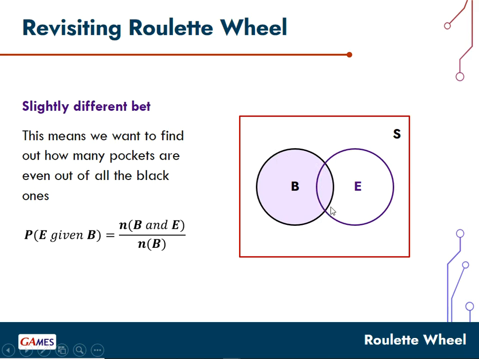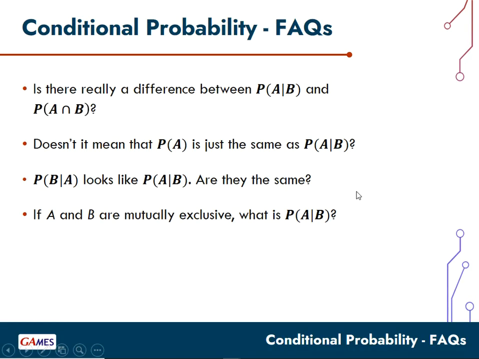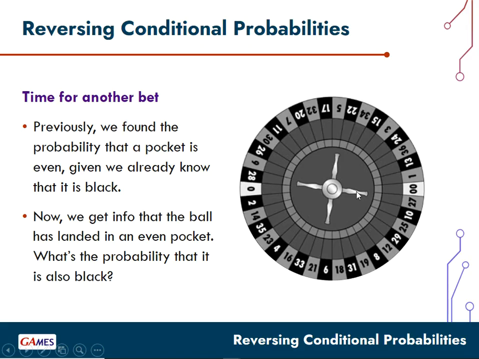So what is the probability that the black pocket is an even number? All right. So that reduces sample space. Your probability has to be updated with the newly available information. So we've gotten a conditional probability, which is probability of E given B.